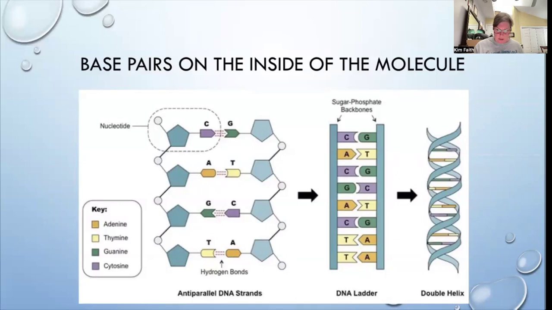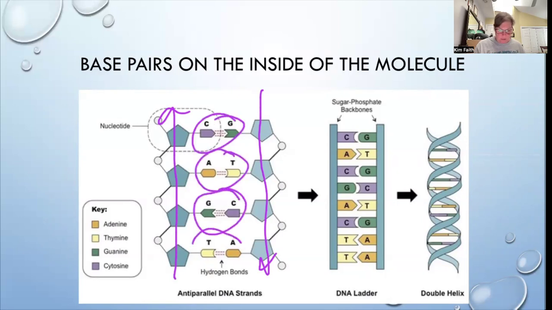Now our strands actually do run in different directions. So one is running this way, one is running that way. And that's significant in some of the other biological findings, but I don't want to focus on that. But notice the complementary base pairing here. A with T, G with C. You can see how they fit together in this model, right?